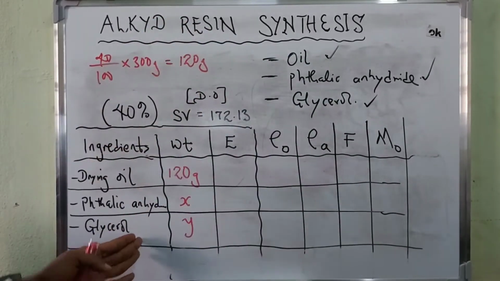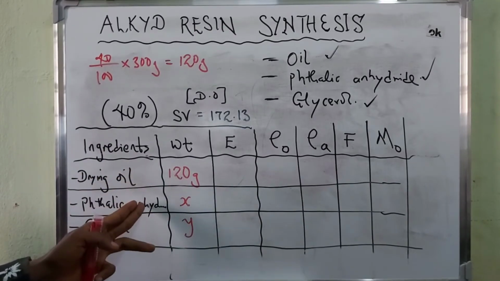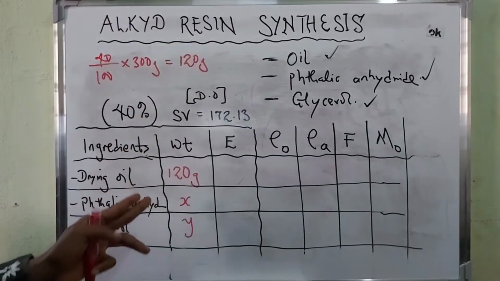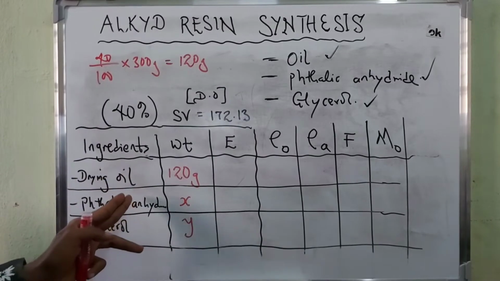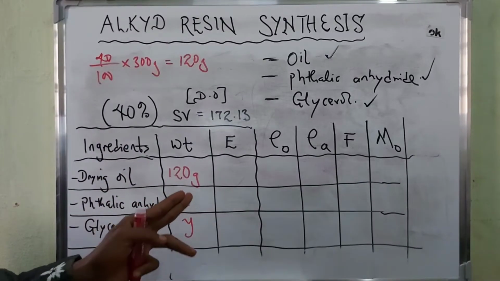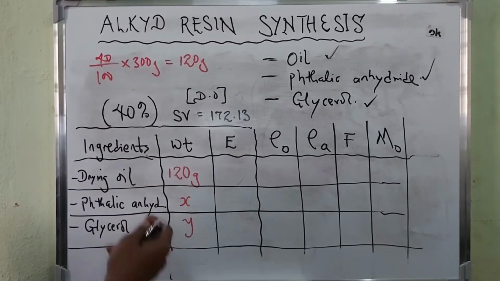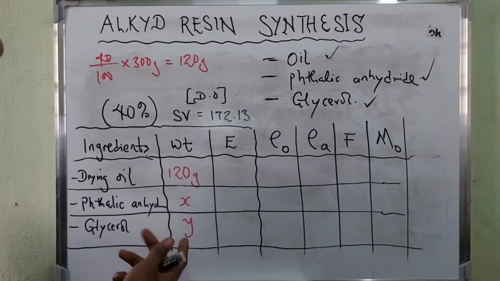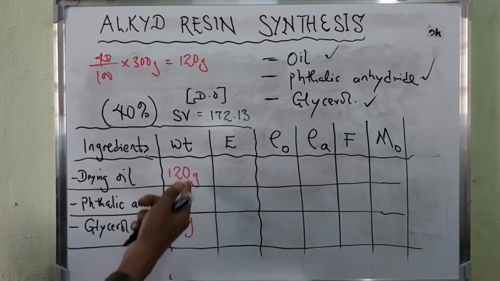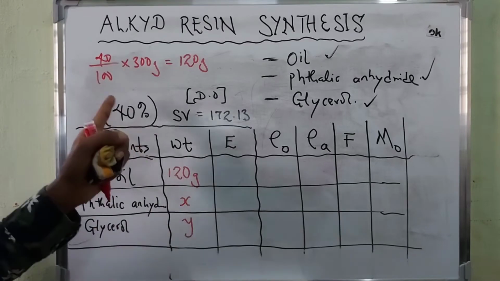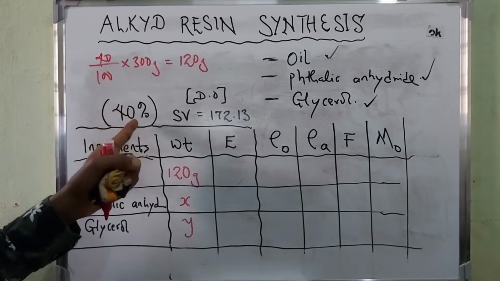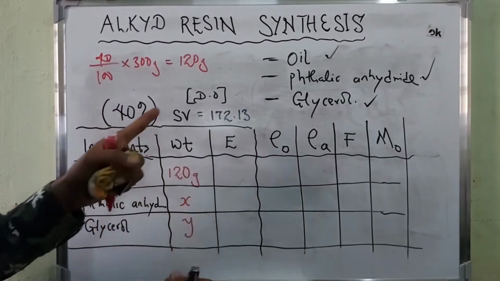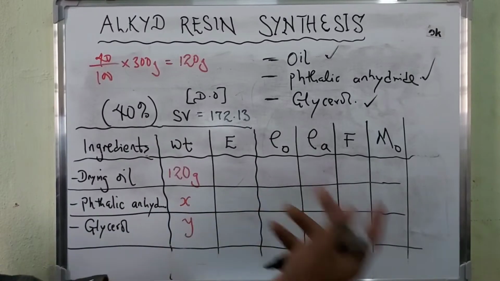The alkyd resin is made of drying oil, phthalic anhydride, and glycerol. These are the actual weights, but we don't know that of the phthalic anhydride and the glycerol. So X and Y, with a weight of 120 grams for the 40%. The same way we are carrying out the 40% is the same way we are going to carry out the 50% and 60%.